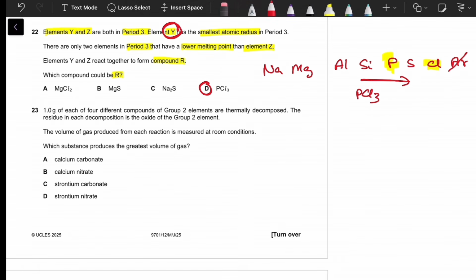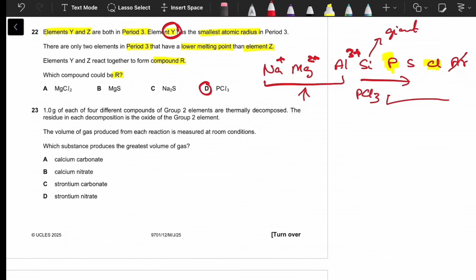But I just want to clarify something real quick on the melting point concern. So from sodium to aluminium, these are metallic structures. So the melting point increases across these 3 because there would be more delocalized electrons as the charge increases. Then we have silicon, which forms silicon dioxide and is a giant covalent, so this would have a really high melting point.